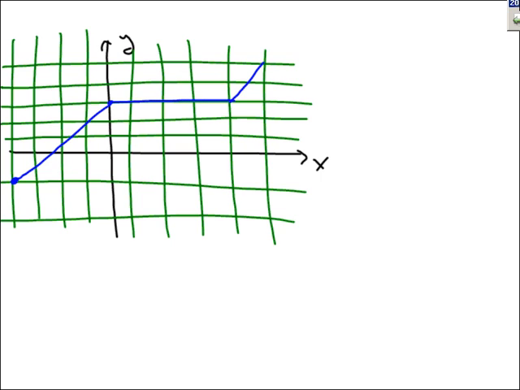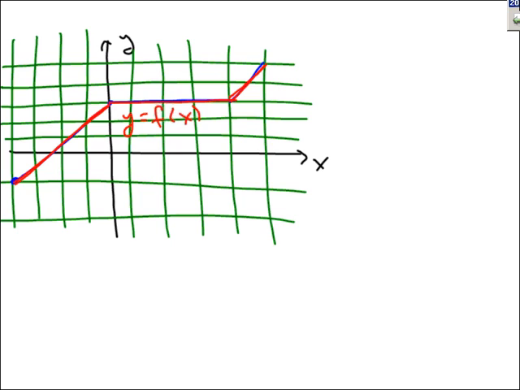Suppose you have a graph that went like that. In fact, I meant to draw it in red. Suppose you have a graph that goes exactly like that. And this is the graph y is equal to f of x.